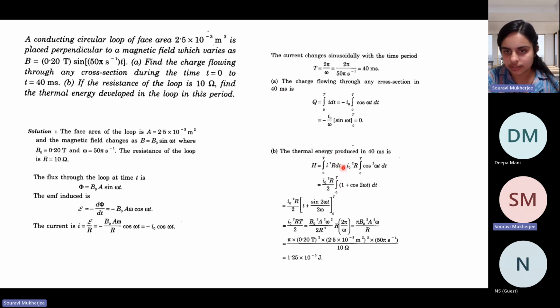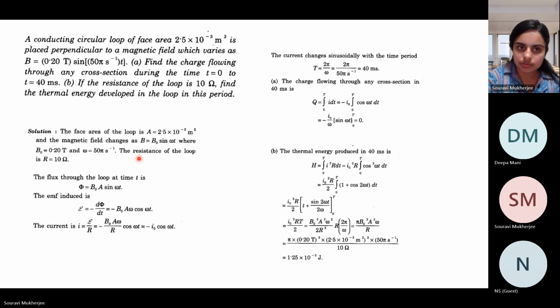And if you do that, you get this energy. So looking at whether the current is changing or the field is changing, you can find how the EMF is. And from there, if you know the resistance or the impedance of the subsystem, you can find the corresponding charge flow, heat transfer, or all these kinds of parameters.